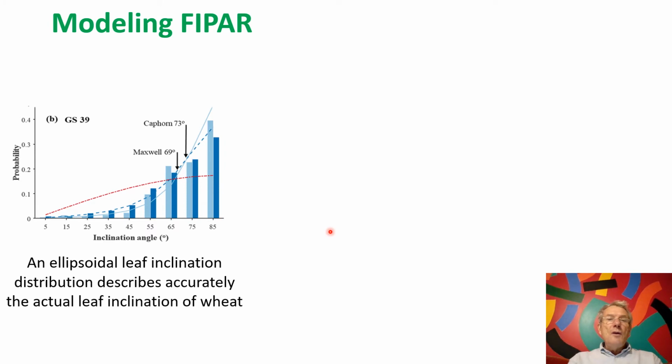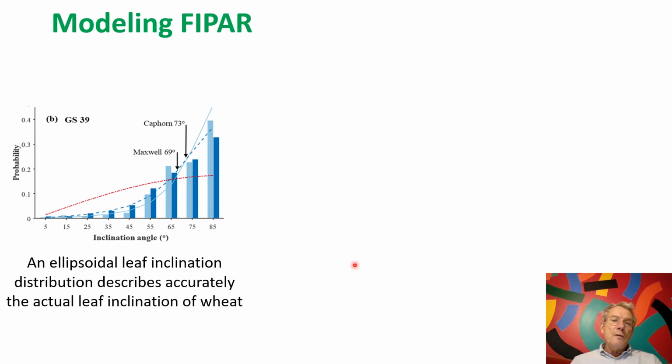How can we model the fraction of intercepted PAR radiation? As you can see, the architecture of the canopy depends strongly on the way the leaves are oriented in space, and mostly how they are inclined.